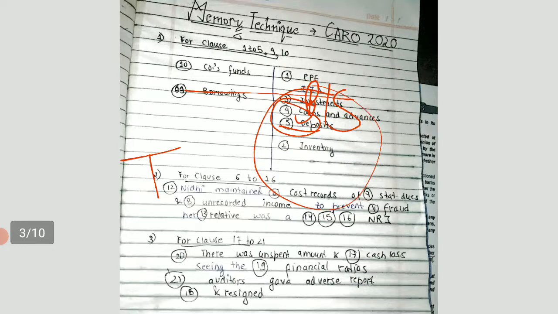Clause number 1 has 5 sub parts, so it will require some time to explain. And I'm preparing very short videos, like one video will be 15 to 20 minutes and not exceeding that, so that it is easy for you to watch and easy for me to record. Okay, so let's proceed with the memory technique.